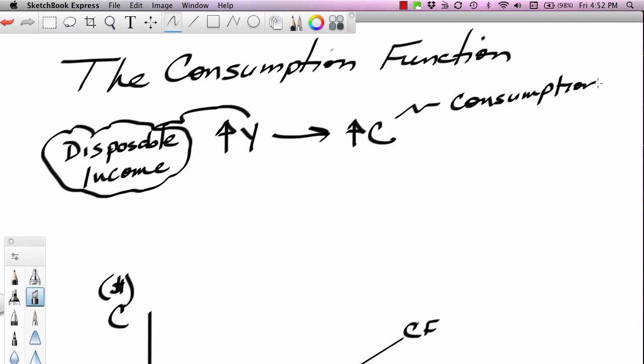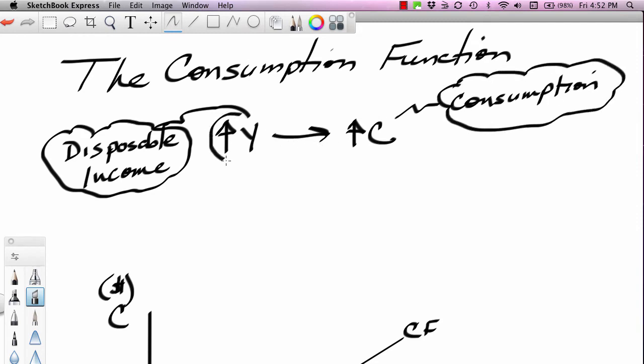Now this not only applies to an individual, it applies to a nation. If a nation's disposable income increases, we would expect that its consumption increases. So the level of disposable income is a very important factor when we're trying to assess the level of consumption, how much households are spending.